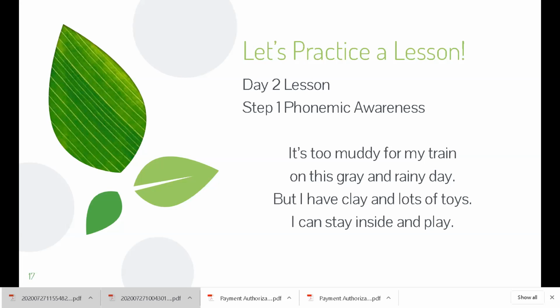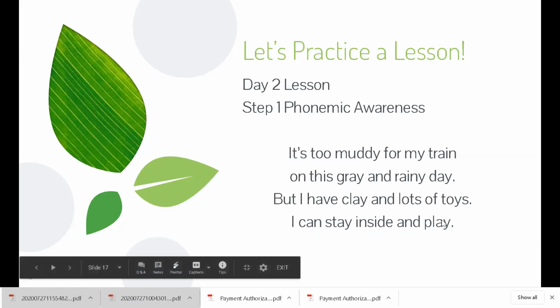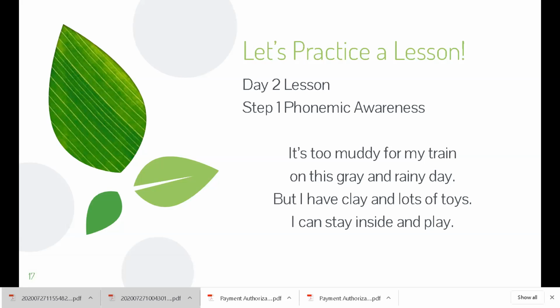The one thing that we want to avoid is round robin reading. We don't want to do, Katie, you read the first line, Michelle, you read the second line, Kayleen, the third line, because number one, we know what they'll be doing, and they'll be trying to count, or trying to figure it out. And also, if I'm a kiddo and I don't know a word, I'm going to stop and listen, and go, darn it, I don't know train.